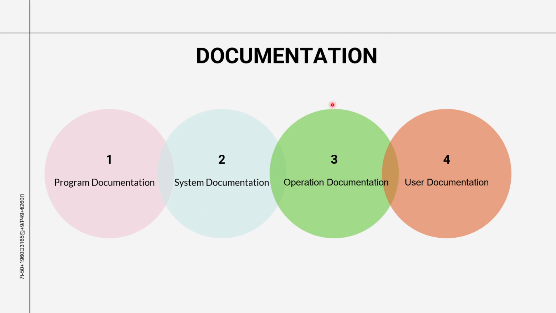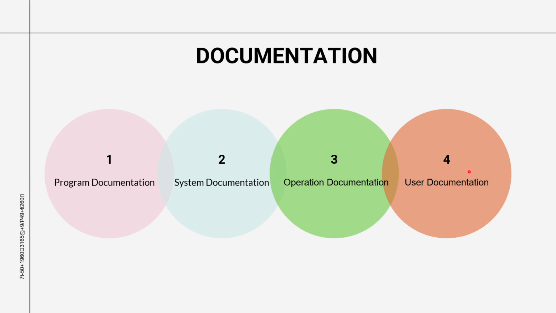So for the documentation, it describes an information system and helps the user, manager, and IT staff who must interact with it. Accurate documentation can reduce system downtime, cut costs, and speed up maintenance tasks.